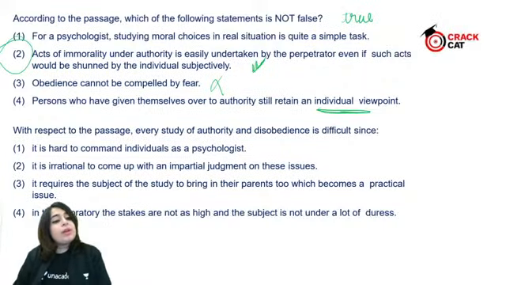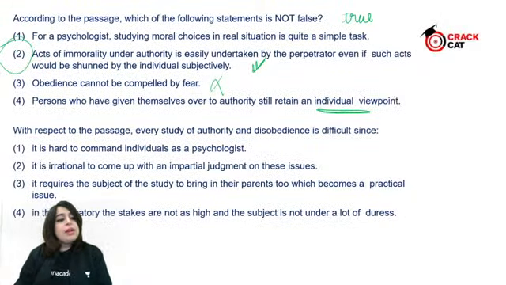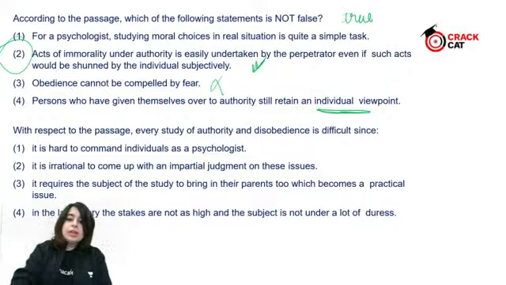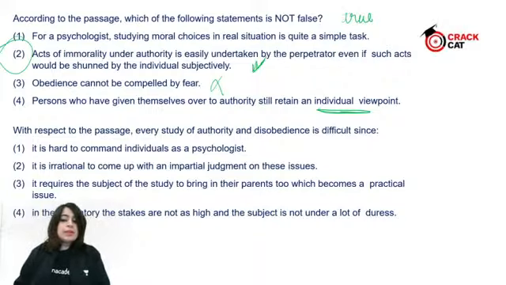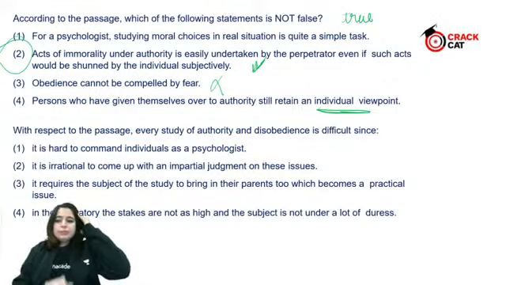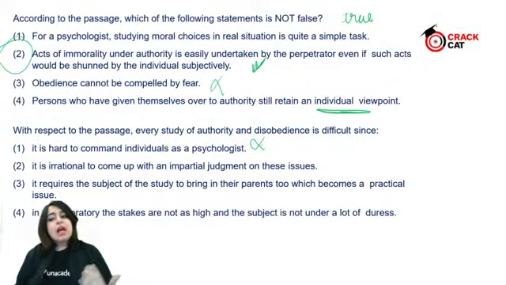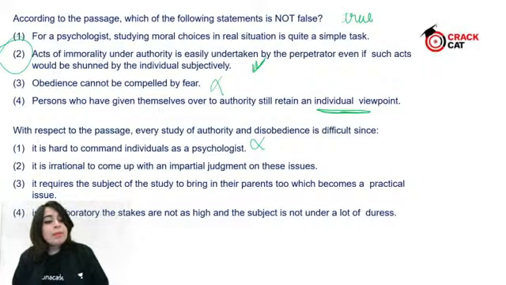Let's look at the last question. It says, with respect to the passage, every study of authority and disobedience is difficult. Why? So it says it is hard to command individuals as a psychologist. I can't really say that it is hard to command them. It is irrational to come up with an impartial judgment on these issues.